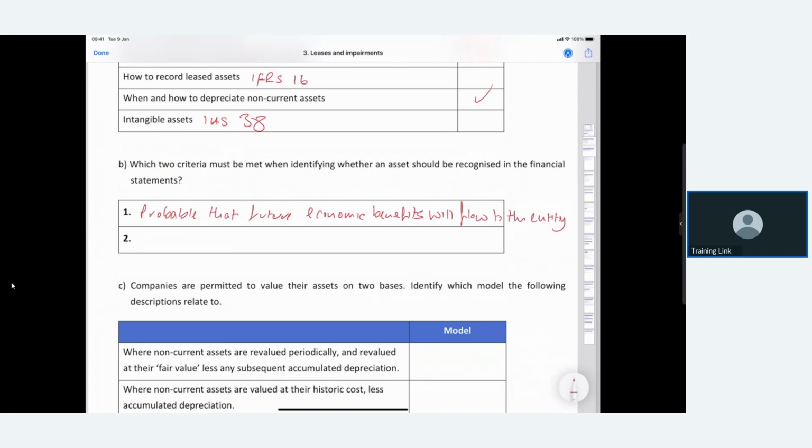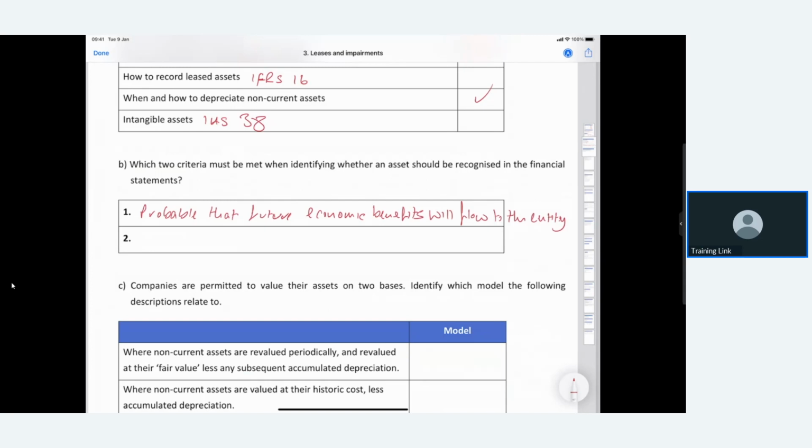So that could be that it generates money, or it could be that the asset saves time and therefore money, but it will create some form of economic benefit to the business.